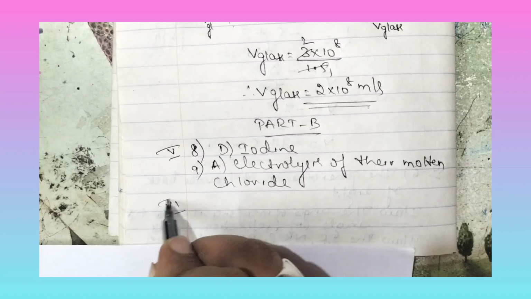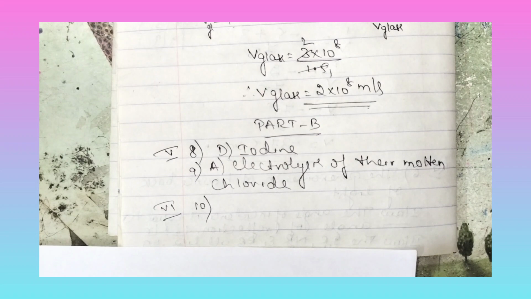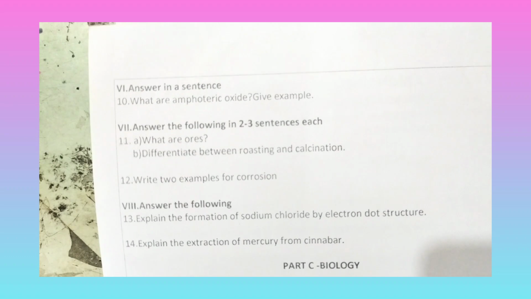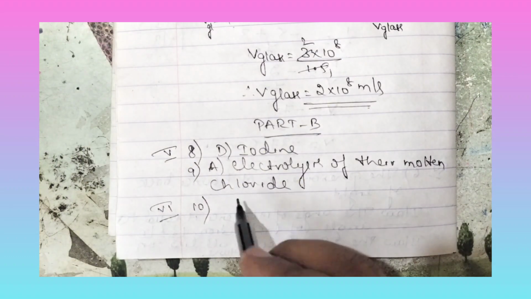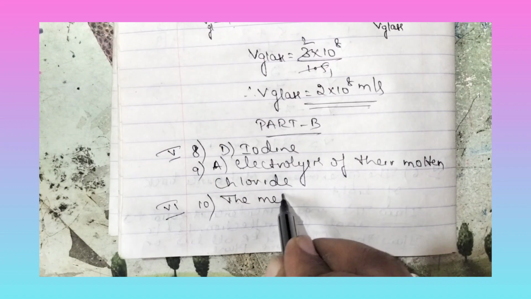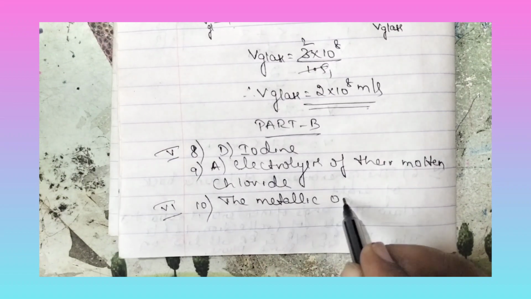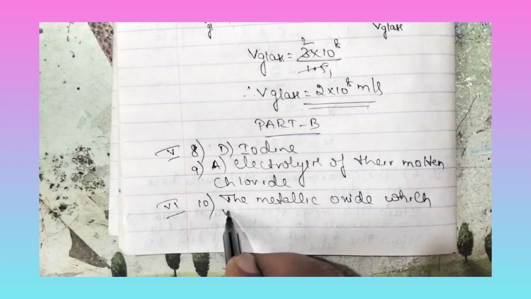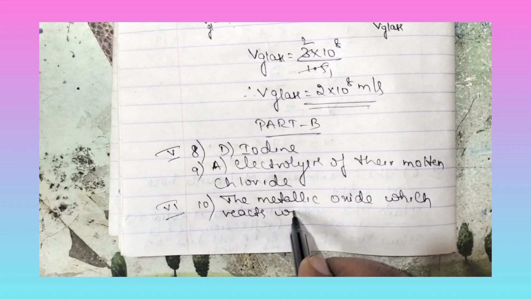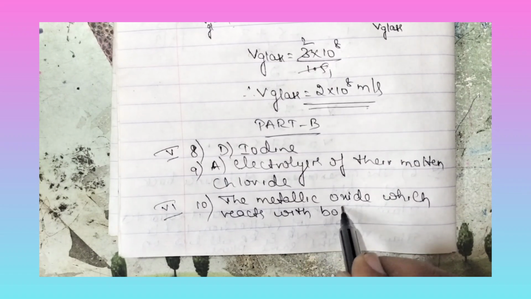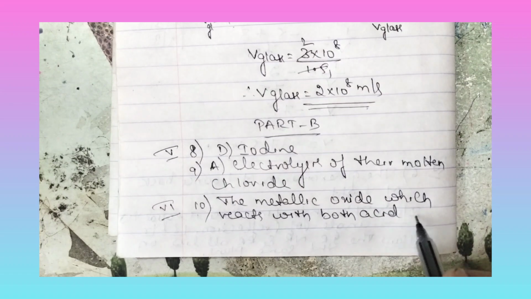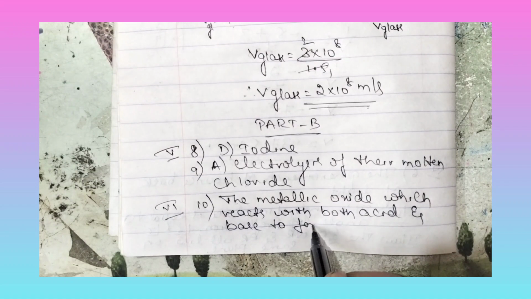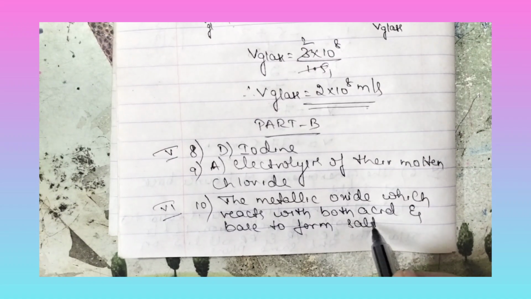Now let us move to question number 10. The question is, what are amphoteric oxides? Give an example. The metallic oxides which react with both acid and base to form salt and water.